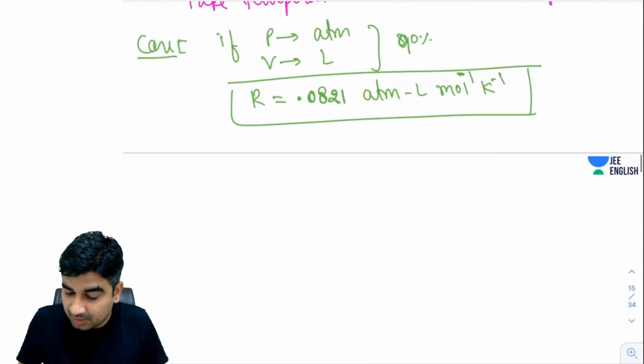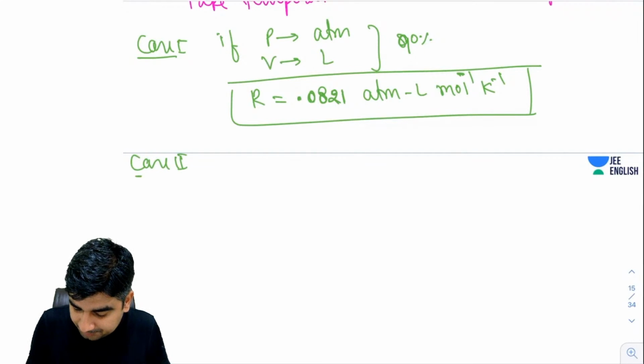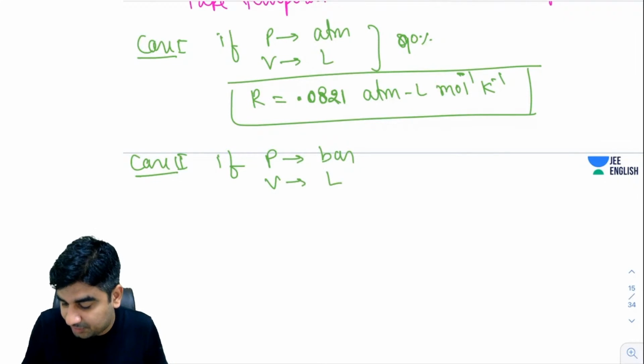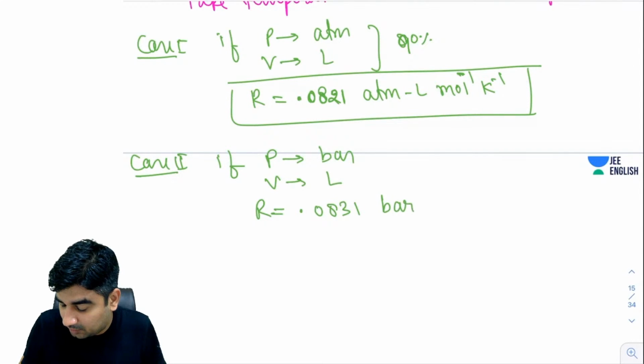Yes. Now case 2. If pressure is in bar and volume is in liter, then the value of R would be 0.0831 bar liter.